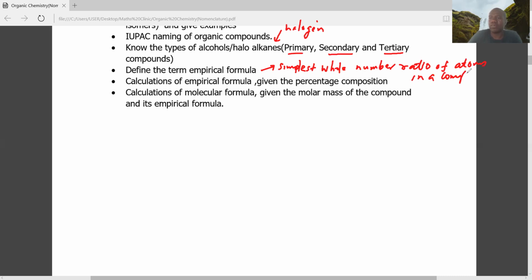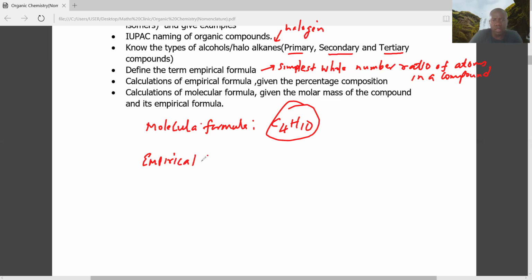For example, if we have butane, the molecular formula of butane is C4H10. If the molecular formula of butane is C4H10, what will be its empirical formula?